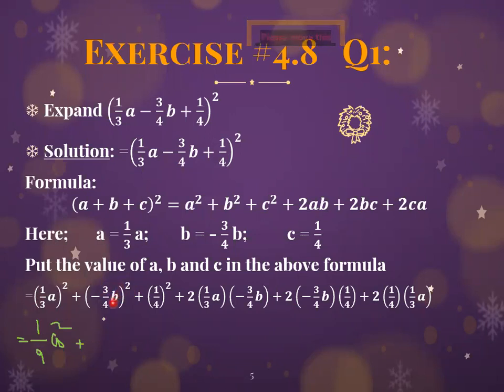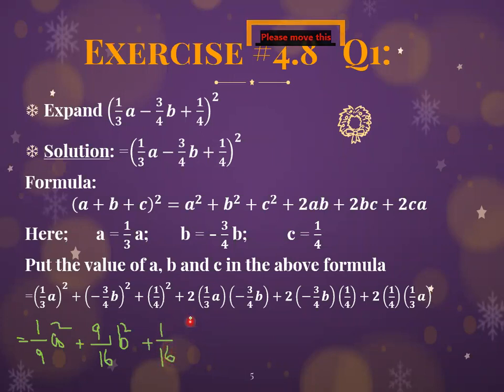Now the square of 3 will be 9, and the square of 4 will be 16, and the square of b will be b square. Understand? Now move on to this term, plus sign, right? The square of 1 will be 1, and the square of 4 will be 16.